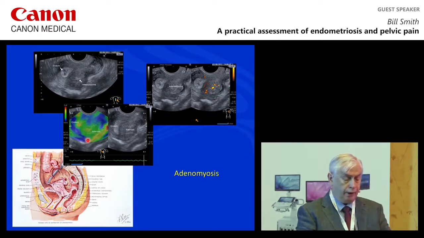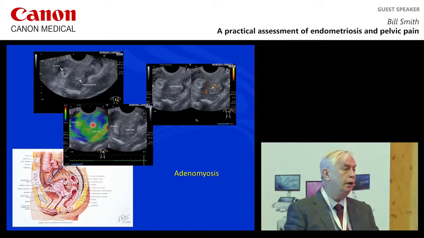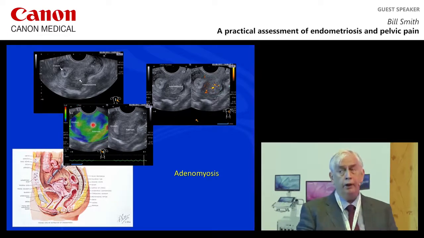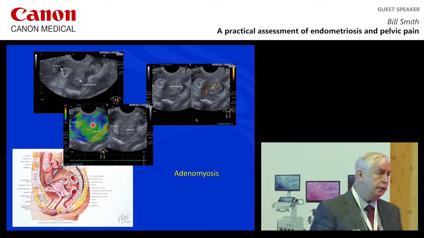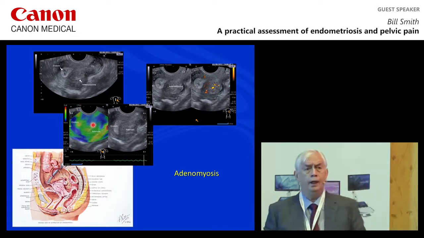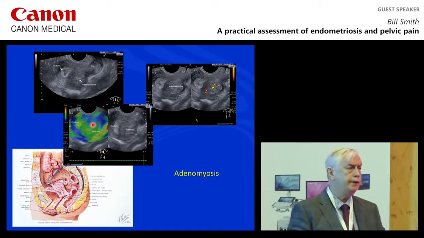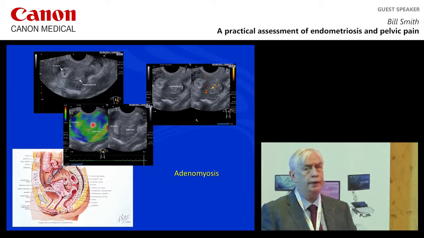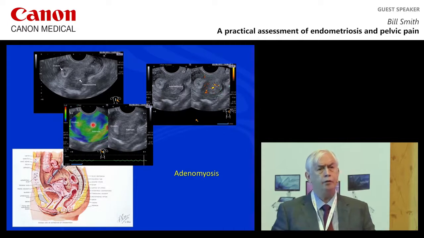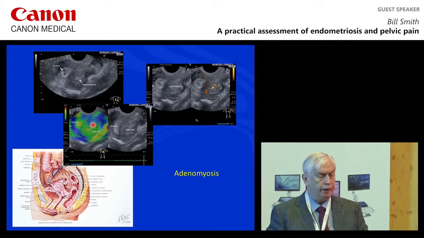We actually like the role of real-time elastography, and this is the manual compression. And we certainly had, we feel, a degree of success in differentiating between adenomyosis and diffuse fibroid disease by using this imaging modality. I'm not quite sure why, but the shear wave technology hasn't given us the same degree of confidence as the manual compression.